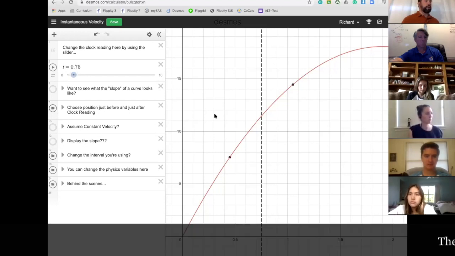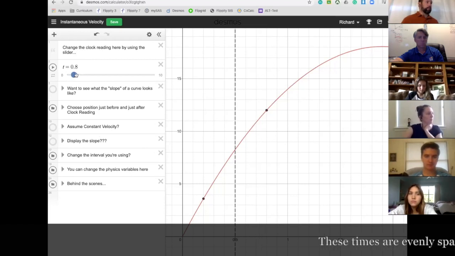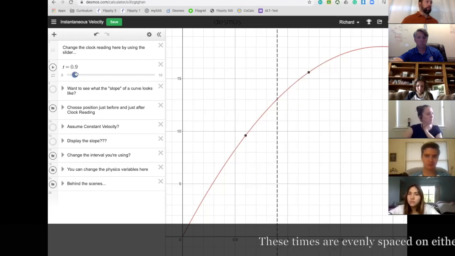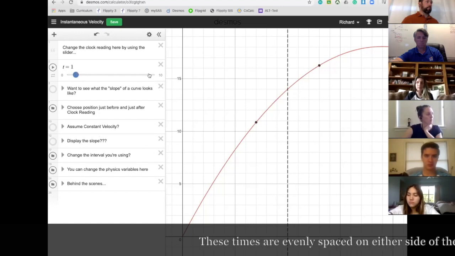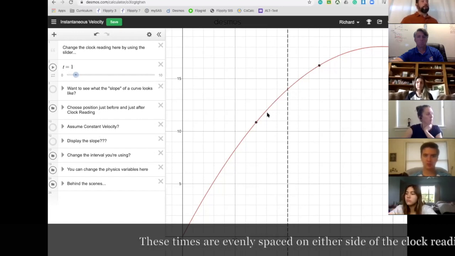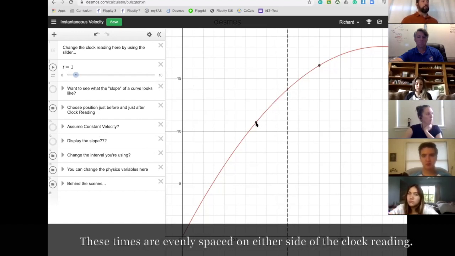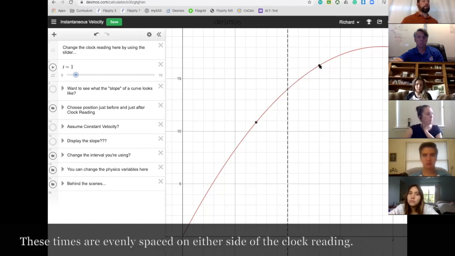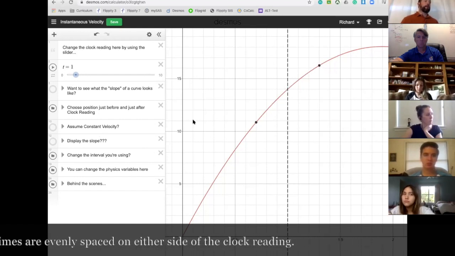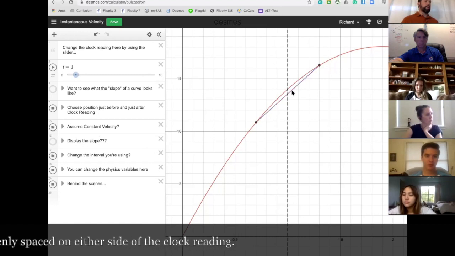you're looking at 2 points immediately. So we look at a point just before the clock reading you're concerned with, and just after that, and we are imagining that it was a constant velocity during that time interval.